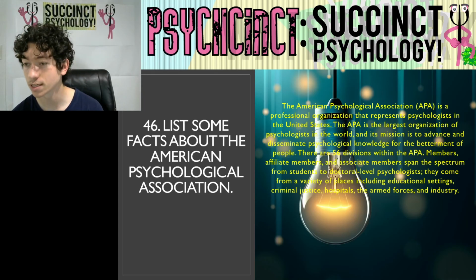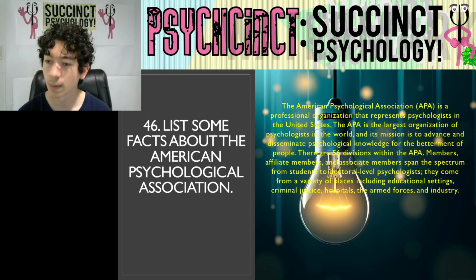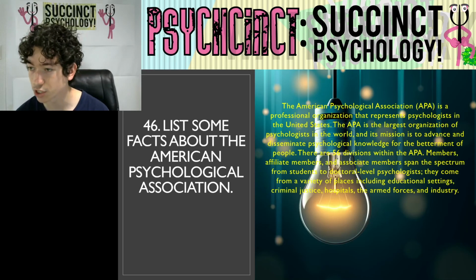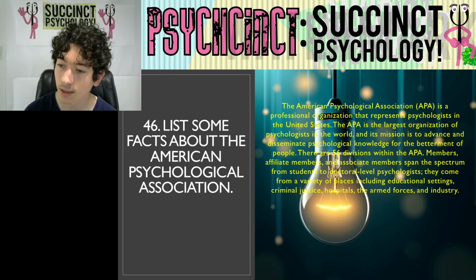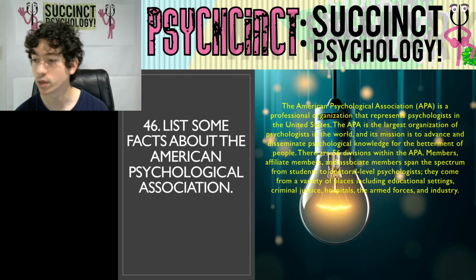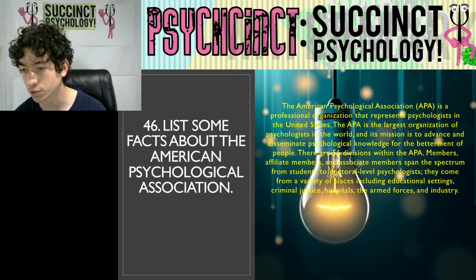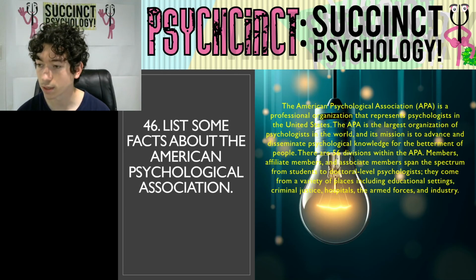There are 56 divisions within the APA. Members, affiliate members, and associate members span the spectrum from students to doctoral level psychologists. They come from a variety of places, including educational settings, criminal justice, hospitals, the armed forces, and industry. So, if you stated something along the lines of this paragraph here, you would have been correct.